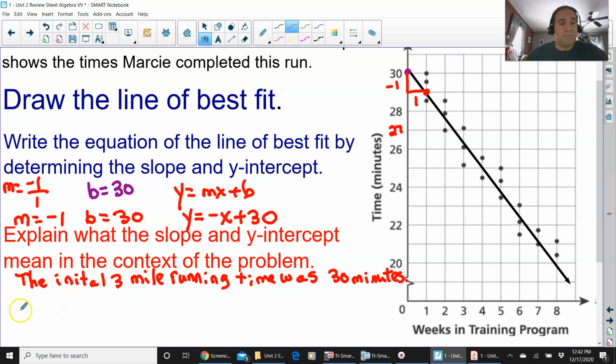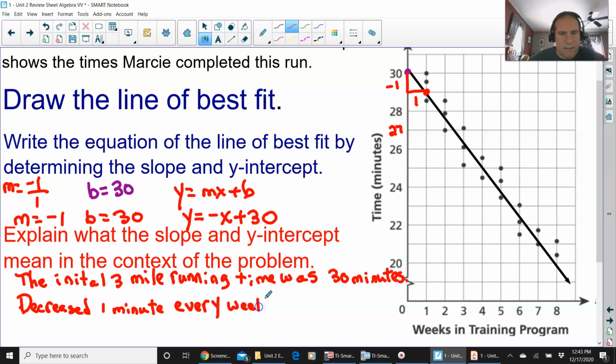It decreased 1 minute every week in the training program, and that was the rate they decreased.